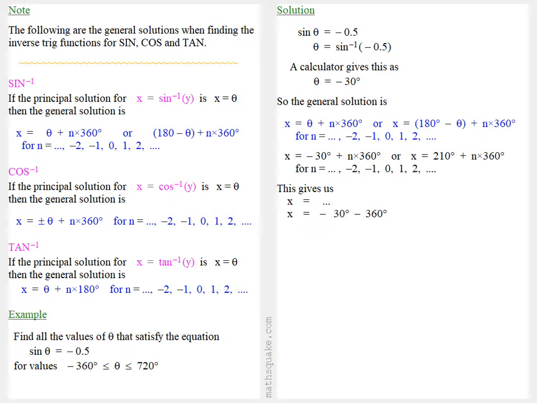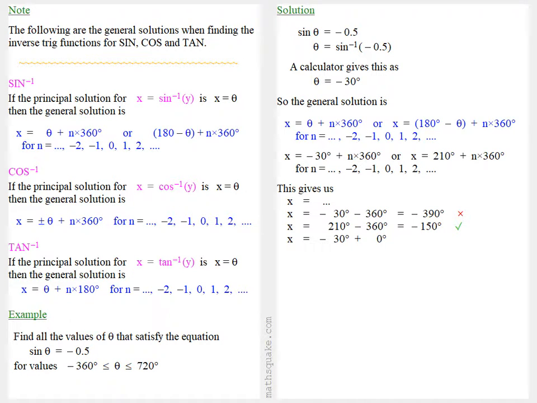So if we put in the value n equals minus 1, we get x is equal to minus 30 minus 360, which is minus 390 degrees, and that's outside the range. Or x is equal to 210 minus 360, which is minus 150 degrees, which is inside the range.